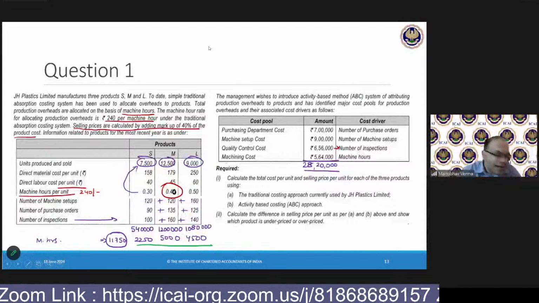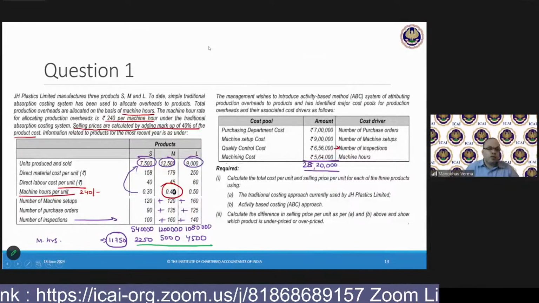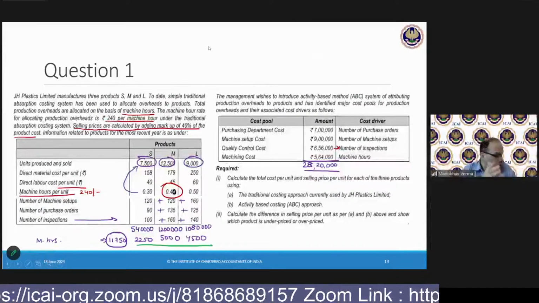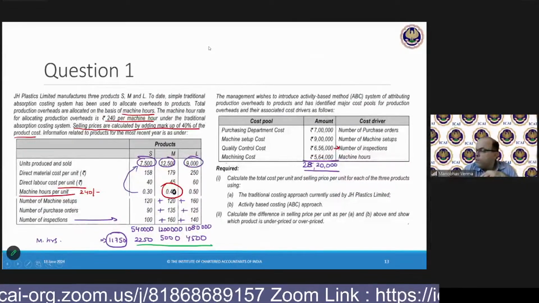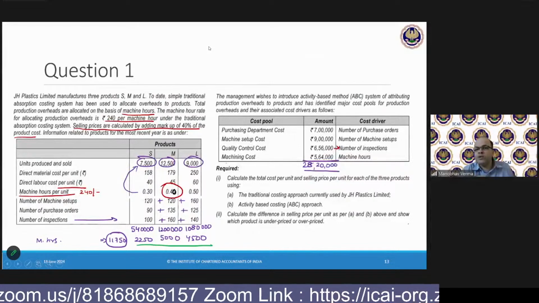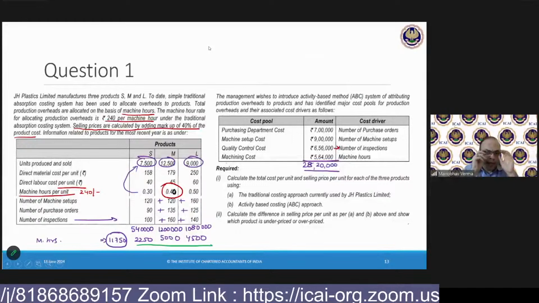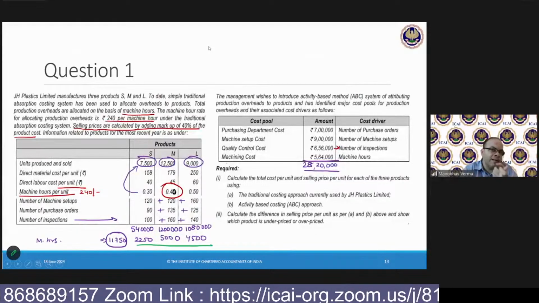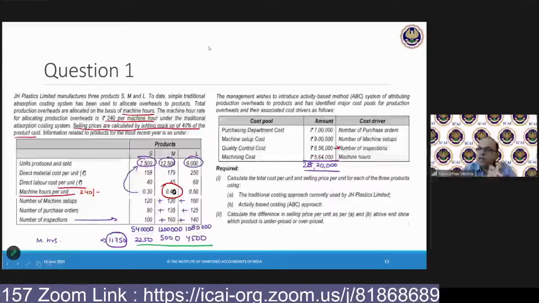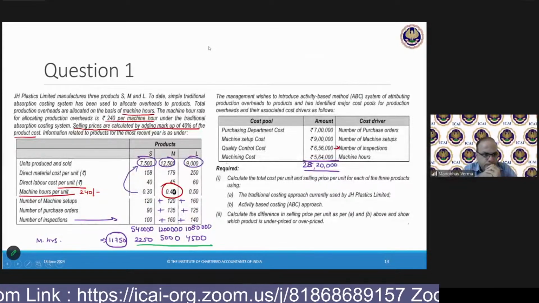I can go for one more practice question, but I can see the time is already 9:05. So I would like to open the house for any questions till now. People on Zoom, people on the query panel, any questions on this topic or on absorption costing? Because I hope you guys are realizing that under ABC we're actually covering both topics simultaneously, absorption costing as well as activity-based costing, because that's part of the question.